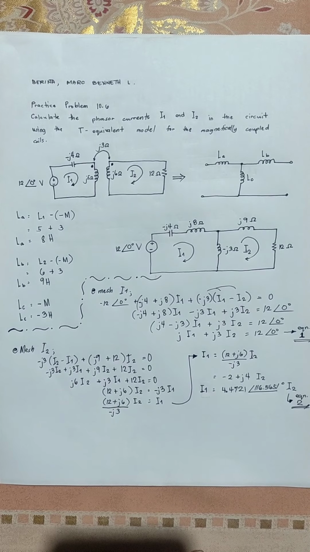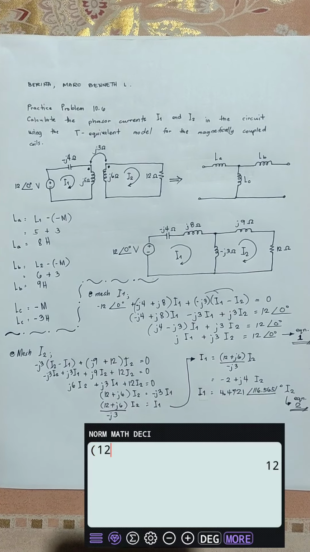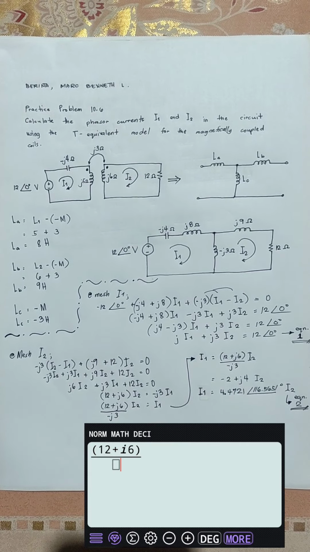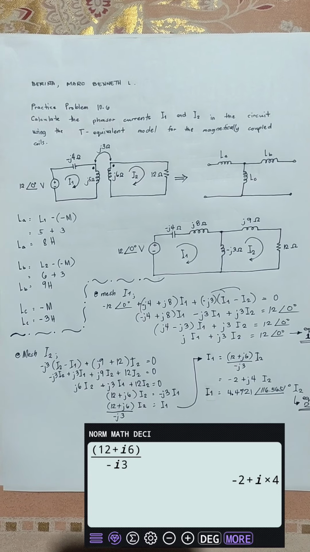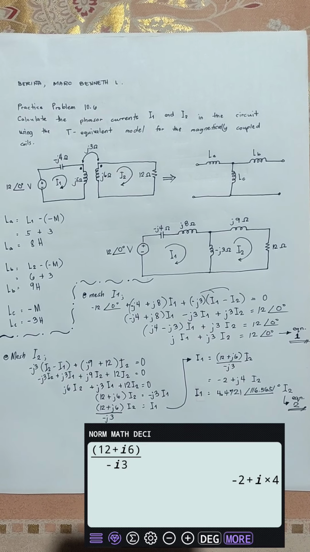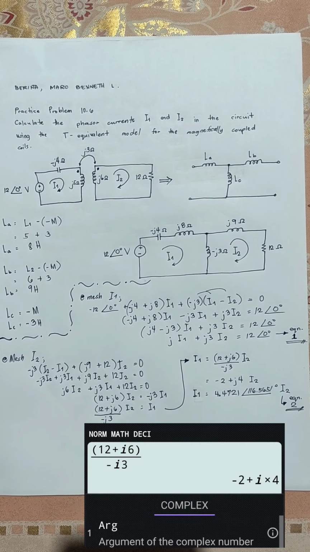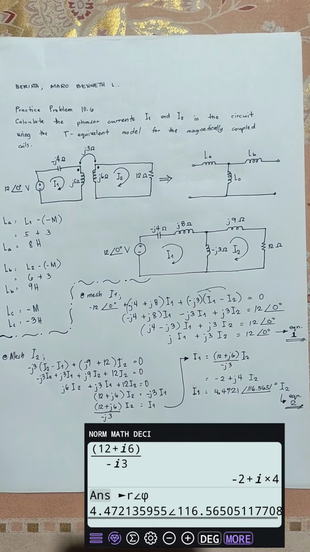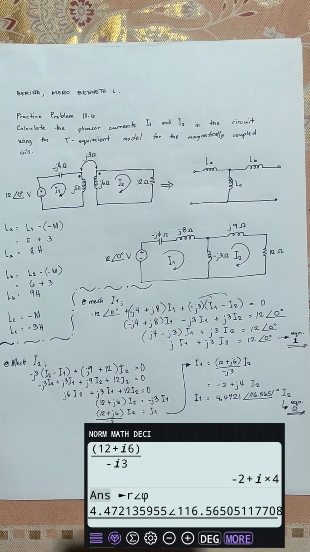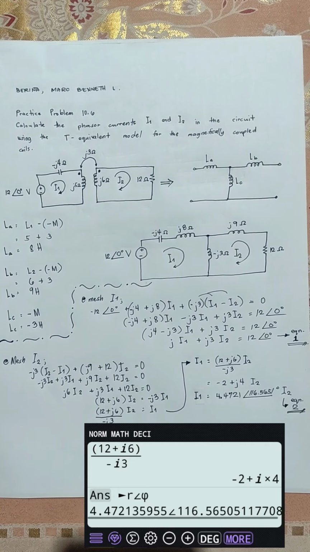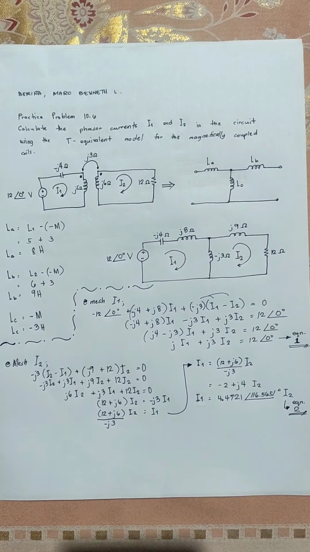To get the value of I1, we will divide quantity 12 plus J6 I2 by negative J3. To simplify, we get negative 2 plus J4 I2. In polar form, I1 is now equal to 4.4721 angle 116.5651 degrees I2. That is our equation 2.